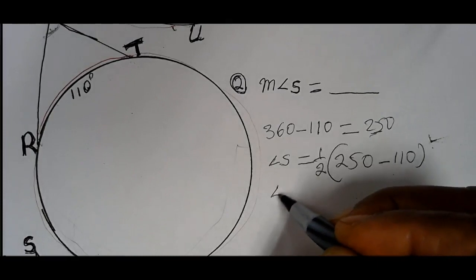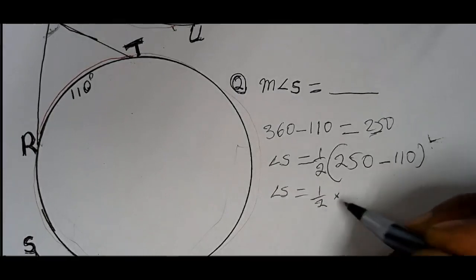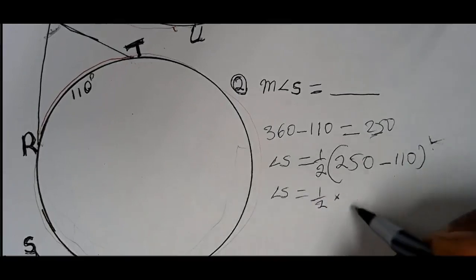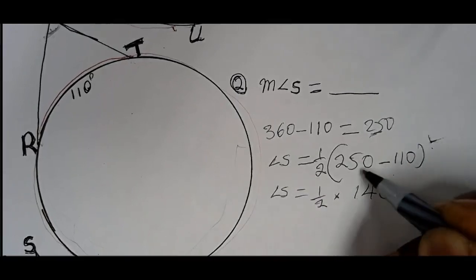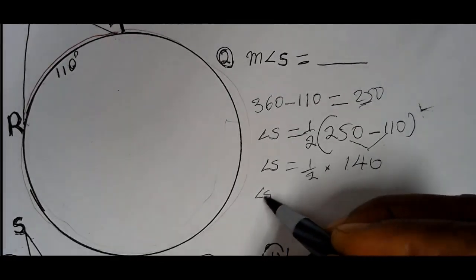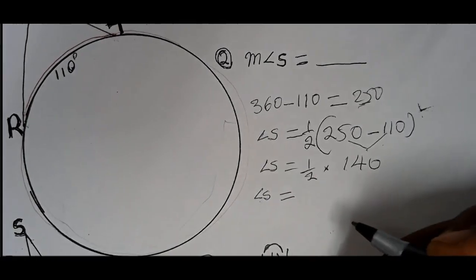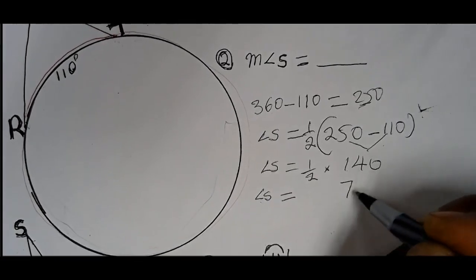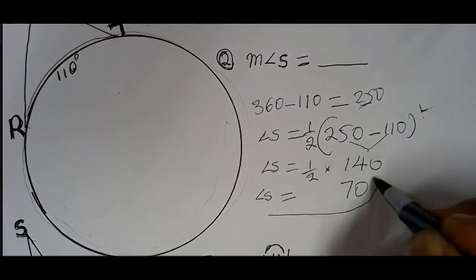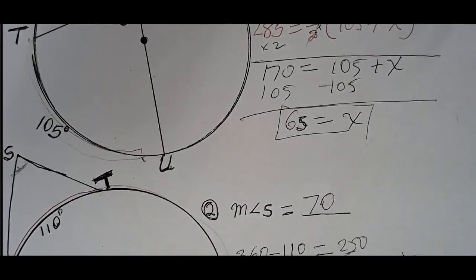So angle S is equal to 1/2 of 140, which is 70. So the measure of angle S is 70.